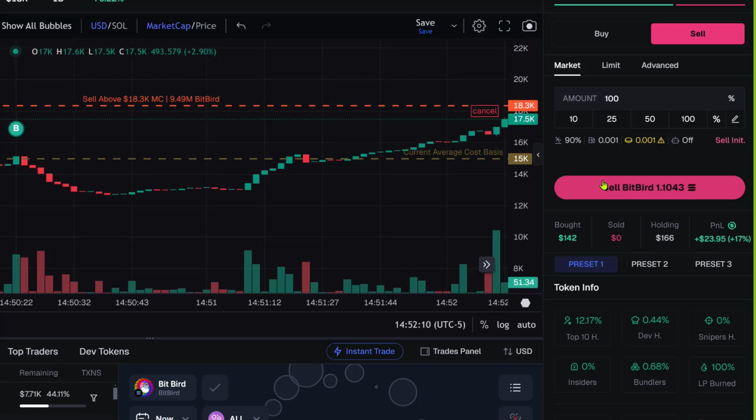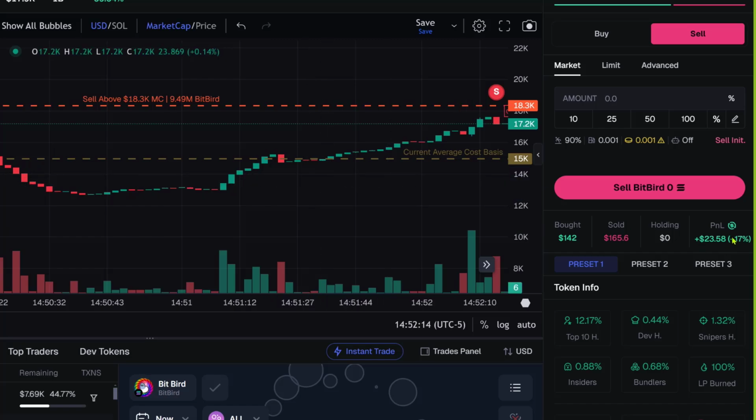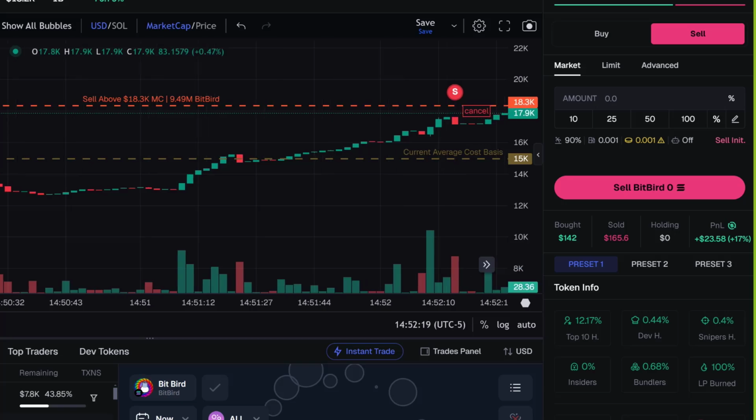Highest it's been. Trigger that manually. Just sold 17%. Let's move on to the next. That's the scalping game, guys.